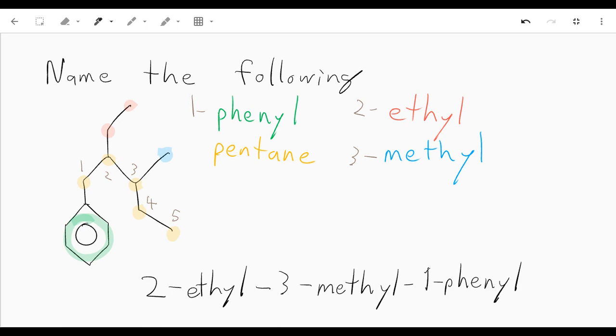And finally, we end off with pentane. So this would be 2-ethyl, 3-methyl, 1-phenylpentane. And we know, because there's lots of complexity here, that the benzene ring is going to be a phenyl instead of the central parent.